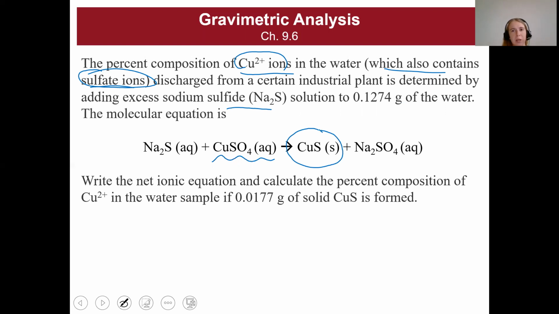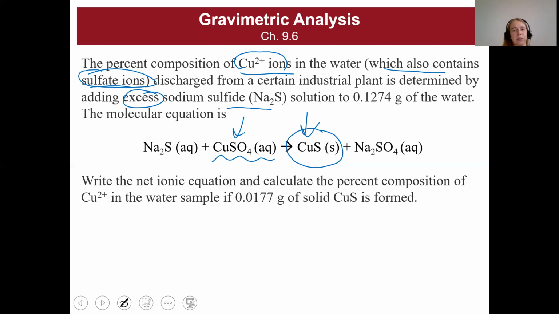We want to know how much copper was in our water, so we are going to react it with another aqueous ionic compound in excess in order to determine how much copper ends up in our final sample, ends up in our precipitate, which will tell us how much we started with.